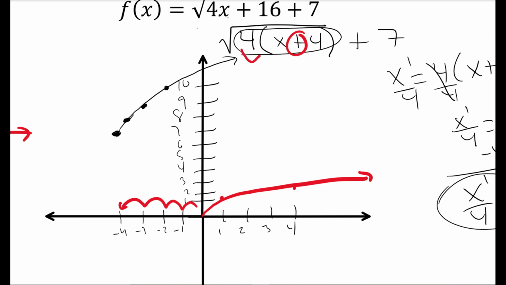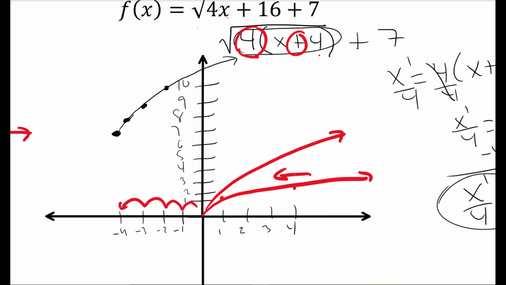Now you know why I transformed it so it looks like this, so you can tell, well, okay, that got shifted to the left 4. And then the 4 here indicates that it got horizontally stretched or compressed. In this case, it got horizontally compressed because it looks like this before it got shifted. So that's why it looks like that.